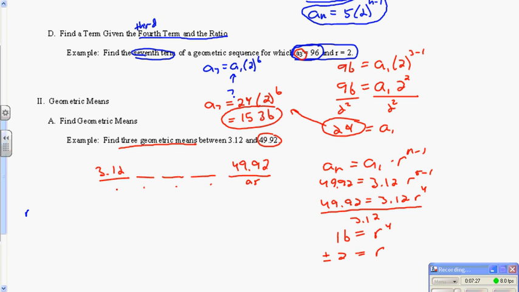Well, if r is equal to 2, then we have 3.12, and then what do we do? 2 is our r, so we multiply, don't add, unlike arithmetic, and we get 6.24, times 2, which is 12.48, times 2, 24.96, times 2, and you will get 49.92.